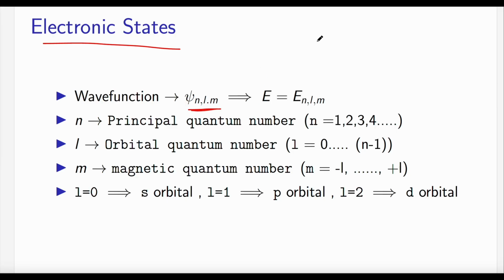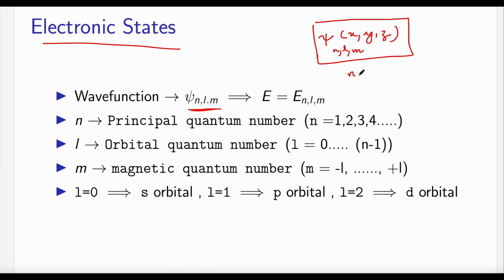The wave function is a function of x, y, and z, and it depends on certain parameters which are called n, l, and m. Okay. So this is my wave function which we get on solving the Schrodinger's equation, and it depends on these quantum numbers.